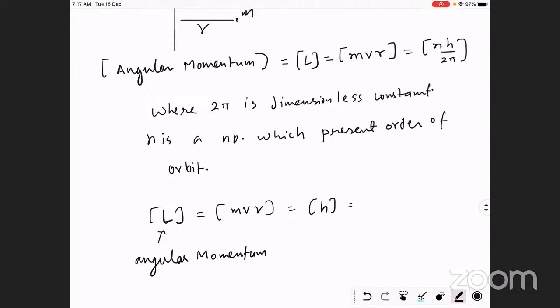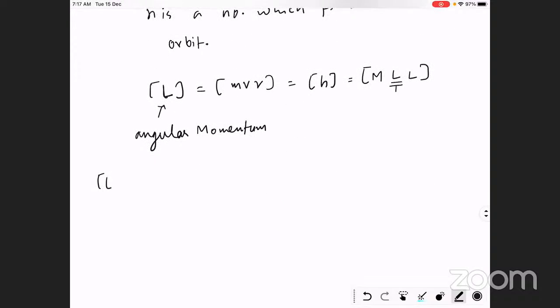So Planck constant and angular momentum have the same dimensional formula. M for the mass, length by time for the velocity, and another L for the r, right? So they have equal dimensional formula. Angular momentum, Planck constant, MVR have the same dimensional formula, M L square T minus 1. Could you understand that?